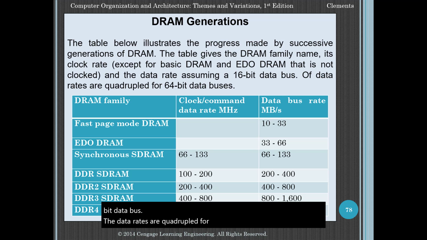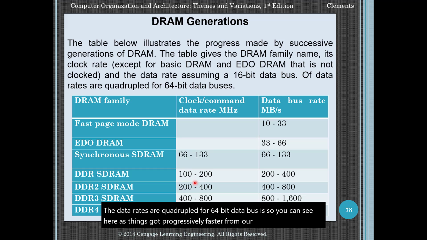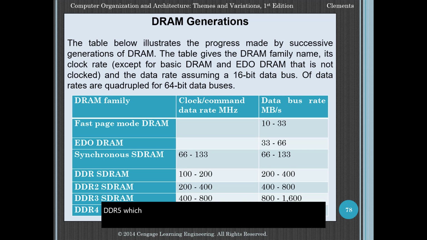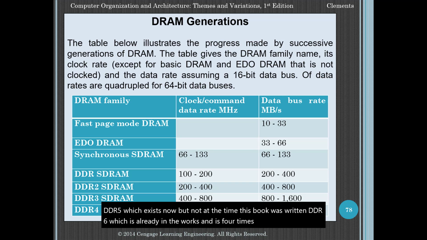So you can see here as things got progressively faster from our standard DDR to DDR2, DDR3, DDR4, DDR5, which exists now but not at the time this book was written, and DDR6, which is already in the works and is 4 times faster than our DDR5.